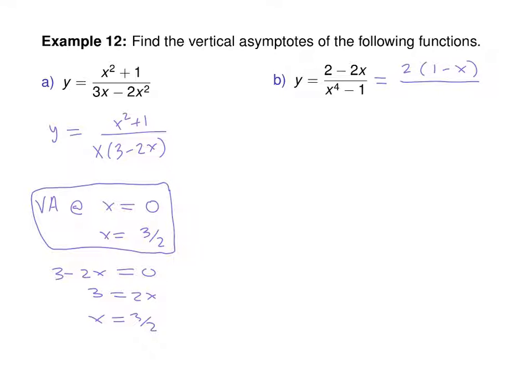And then x to the 4th minus 1 is a difference of squares. So that factors into x squared plus 1 times x squared minus 1, which is x squared plus 1, x plus 1, x minus 1.